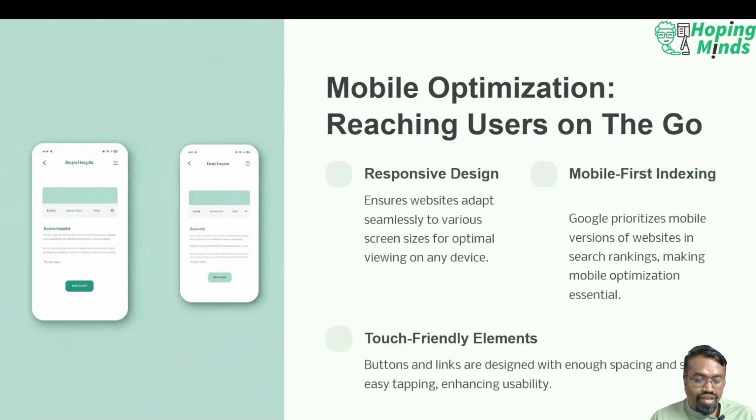That's why the website creators or the developers should make sure that the buttons and the links which are to be designed on the website should have enough space, enough size for easy tapping through your thumb, right?